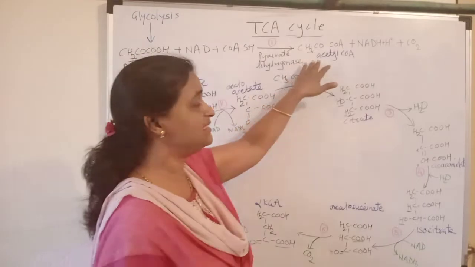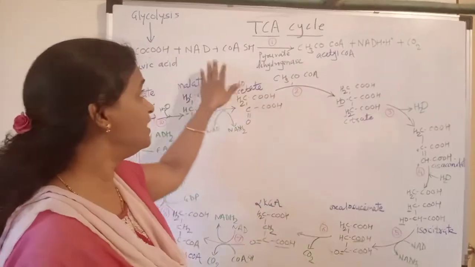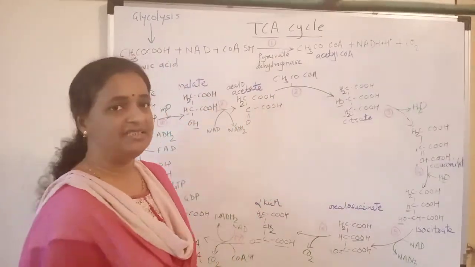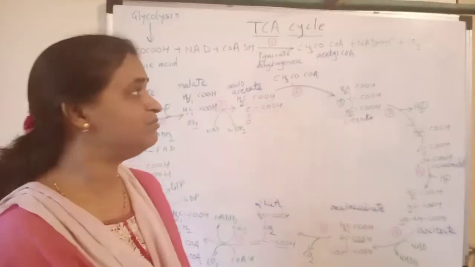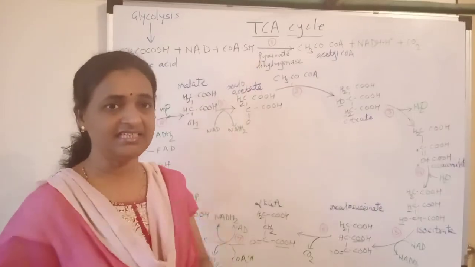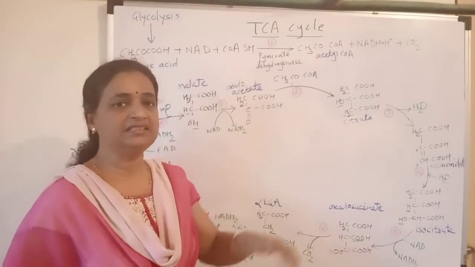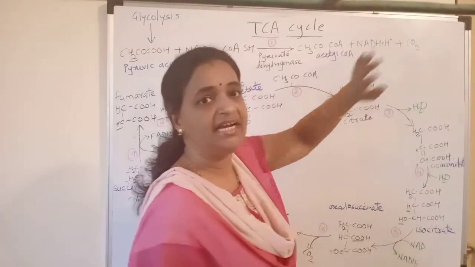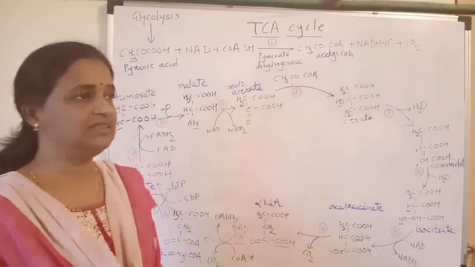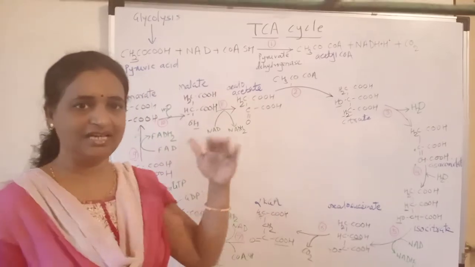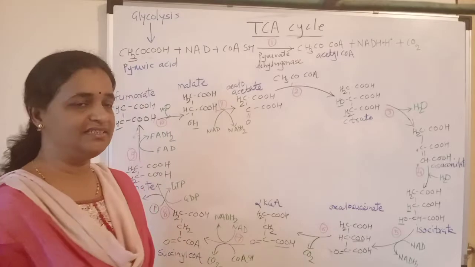The product formed is acetyl coenzyme A, with the help of coenzyme A. The enzyme which governs this reaction is pyruvate dehydrogenase. This is the key reaction. Remember, in this reaction there is production of one NADH2. This is the bridge reaction between glycolysis and the Krebs cycle, or TCA cycle.